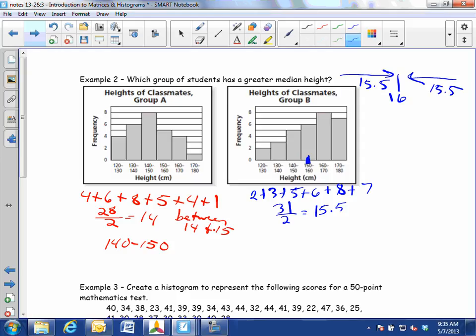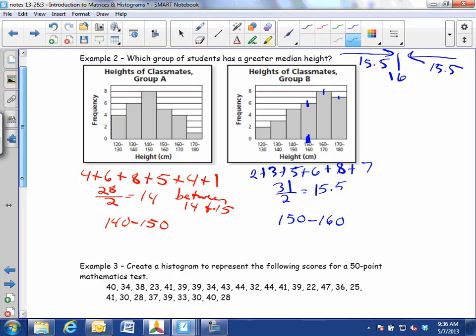Okay, sure, we can do it that way. I would do it from another side, but yeah, sure. Because we have 7 plus 8 gives us 15, plus another, well, we're looking for 16, so it has to be here. So the median is in our interval 15 to 16. That's great. Yep. I got it.